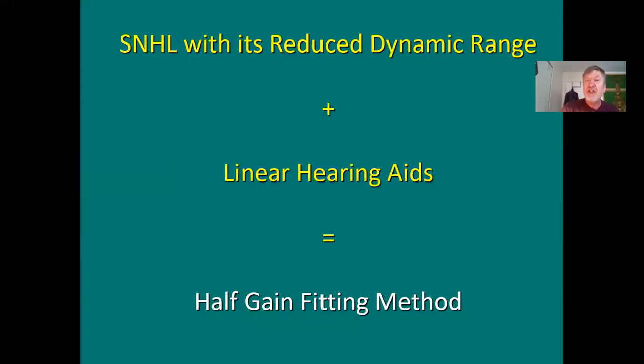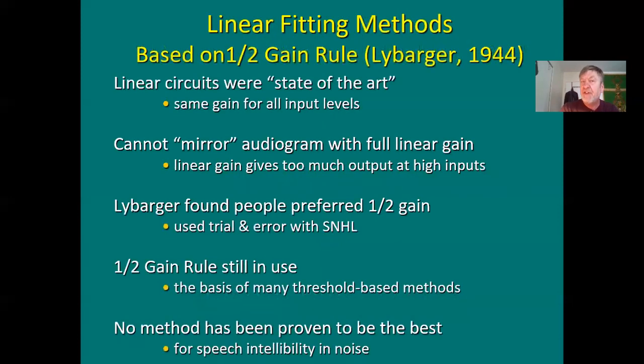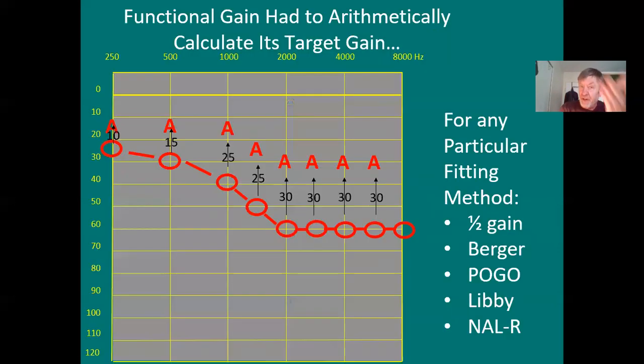Okay, that's the issue. Sensory neural loss with its reduced dynamic range plus linear hearing aids gave us the half-gain method, right? Linear fitting methods were based on the half-gain rule, Lybarger, right? Functional gain had to arithmetically calculate its target gain for any particular fitting method.